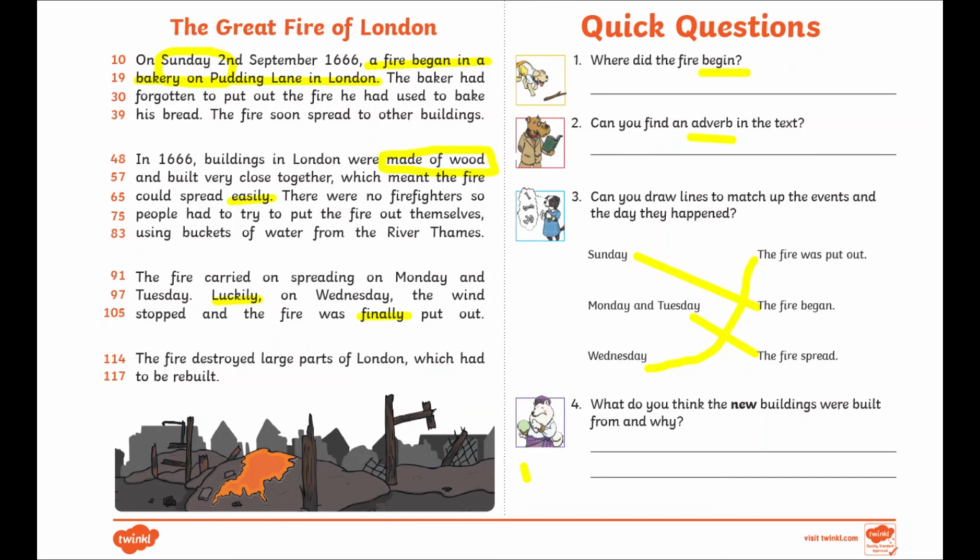Most houses these days are built from brick or stone. And brick and stone doesn't burn in the same way that wood does. So your answer would be the new buildings were built from brick or stone because it wouldn't burn as easily as wood.